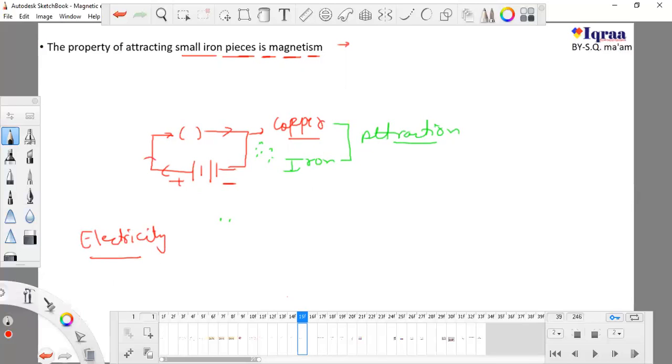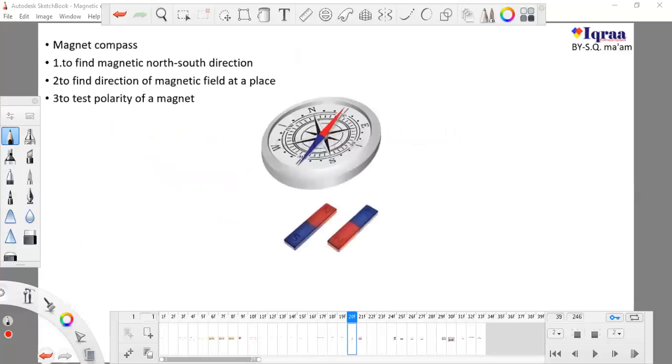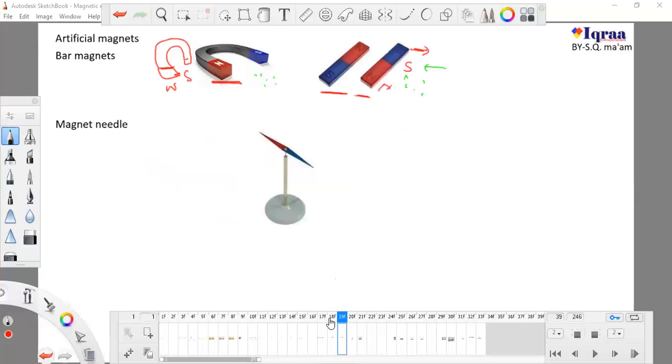Now in this case, when a magnet is attracting iron, it is known as magnetism. Why? Because magnets have something which can attract iron.